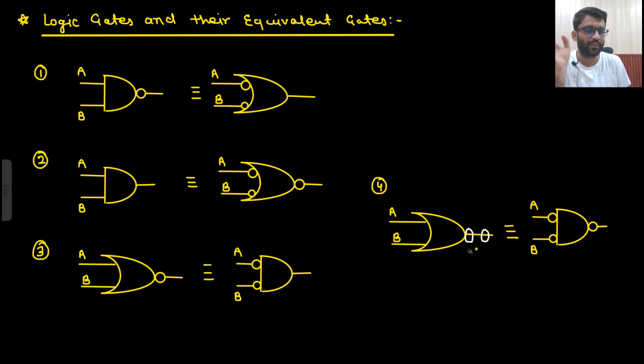These examples, I hope, are clear to you. If you are not able to remember points 2 and 4, then at least remember 1 and 3. These are very important. Bubble will come in front, and it will be replaced like this. So NAND gate can be replaced with bubbled OR gate, and NOR gate can be replaced with bubbled AND gate. Well and good.